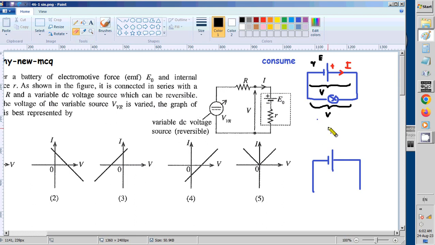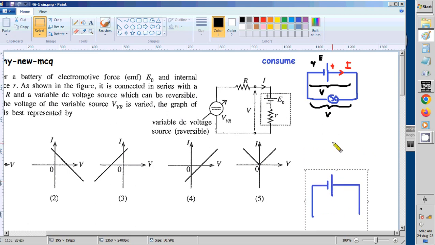So what is the equation we can use to find out that voltage? There are two equations, but you have to select the correct one here. The equation is V equals E minus Ir, because the voltage always is lower than the EMF of the battery when we use the battery to consume.